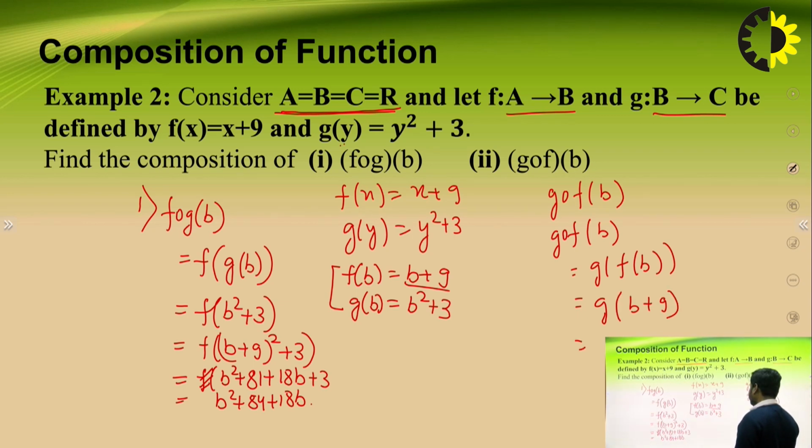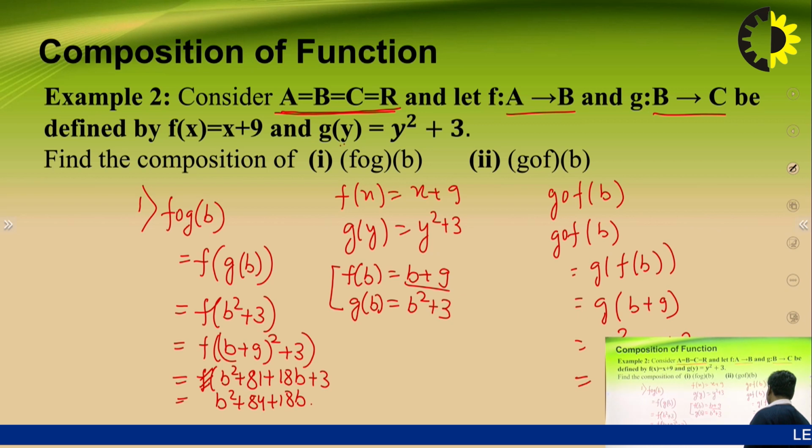And what is g of b? We have to put b square. So we have b square plus 9 plus 3. So b square plus 12. This is the answer of g of f of b.